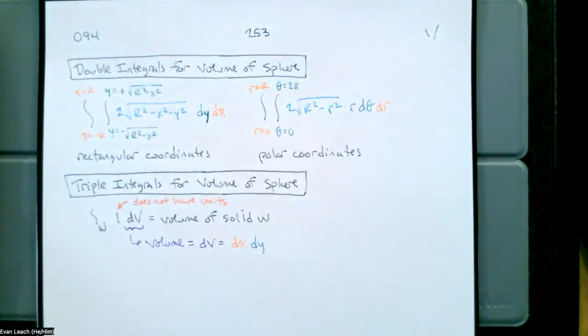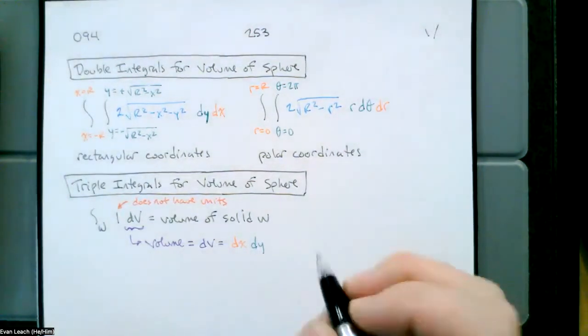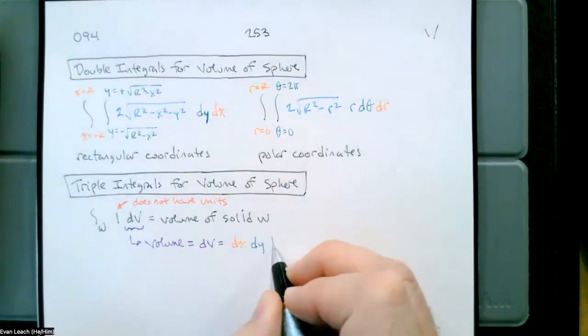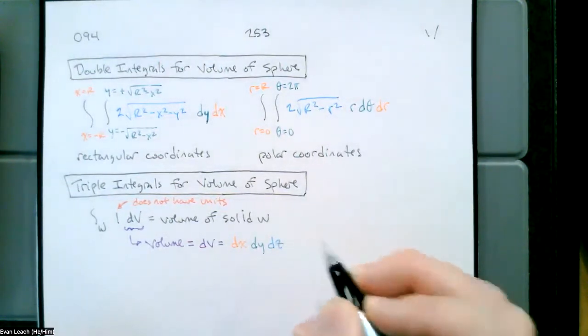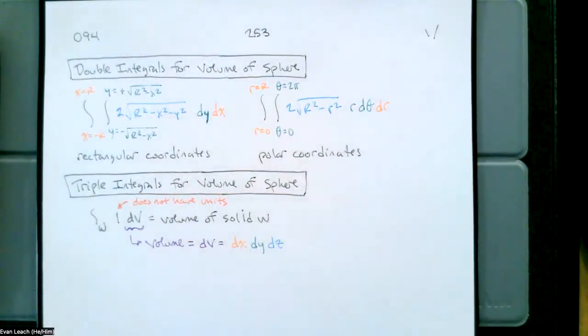So rectangular coordinates in R3 are just like rectangular coordinates in R2 with a z-axis. We just stick a z-axis onto our rectangular coordinates.